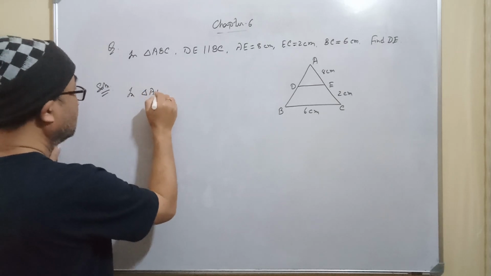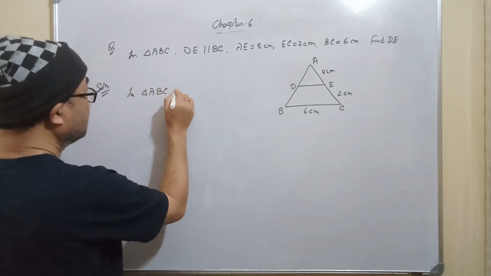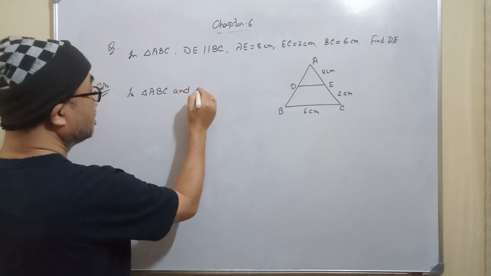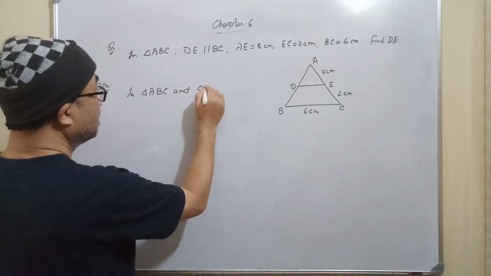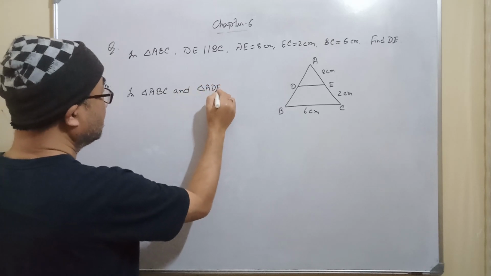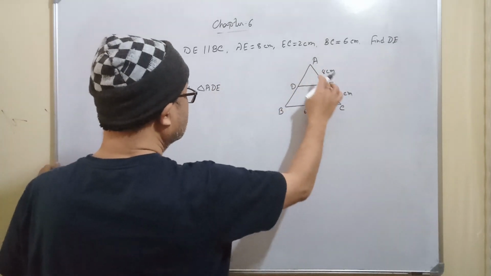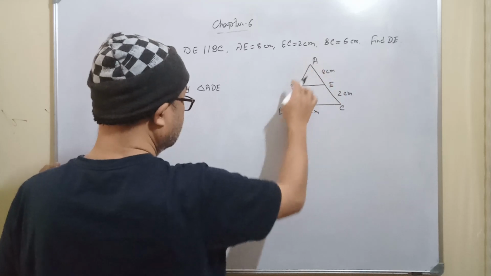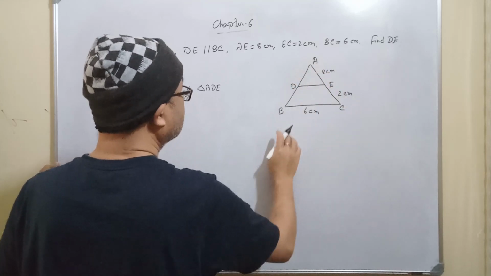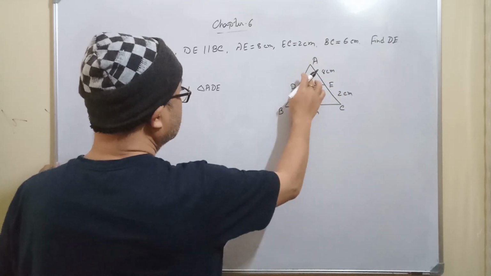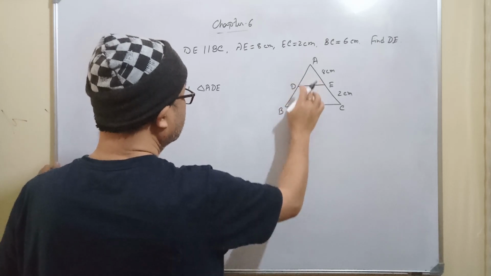In triangle ABC and triangle ADE. This is one triangle ADE and this is the bigger triangle ABC. So you have these two triangles ADE and ABC.